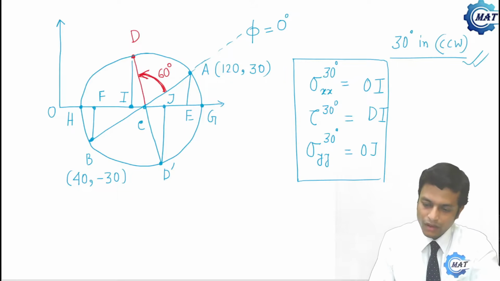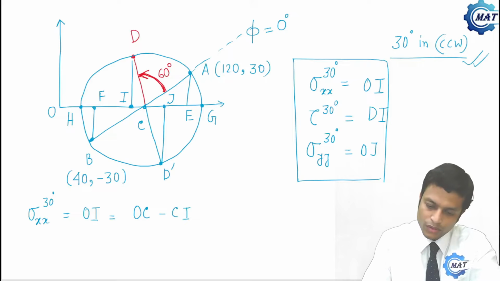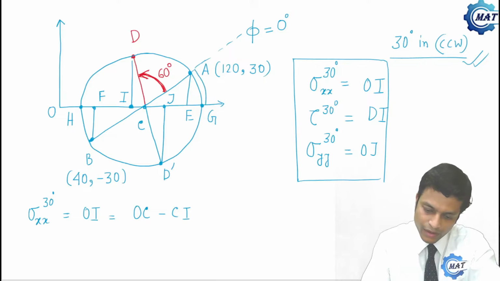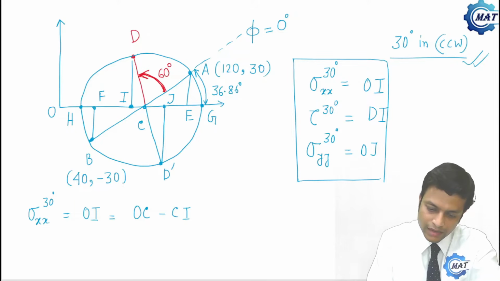Okay. Now what is OI? Let us calculate what is OI. So sigma XX 30 degree is OI, that is OC minus CI. Now we know this angle is 2 phi p, and 2 phi p was 36.86 degree, and that is another 60 degree.